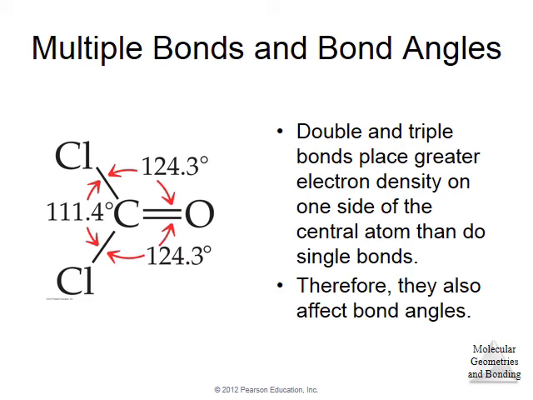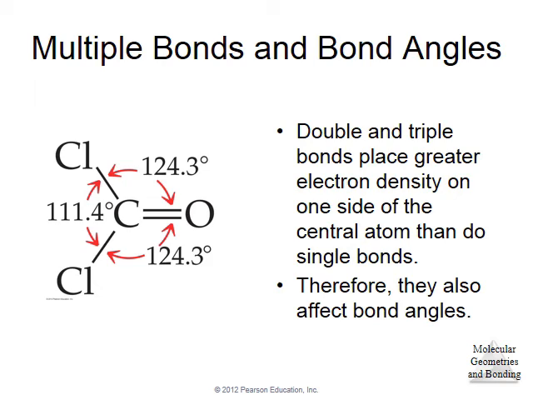Again, by now you already know how to deal with this, but there's a slight difference that you can see here. Even though we said we're going to count a double bond as a single electron domain, there is a subtle difference. If it is 100% like a pair of electrons, then your angle would be 120 degrees each. But the double bond, the pi bond, makes some difference in this angle.